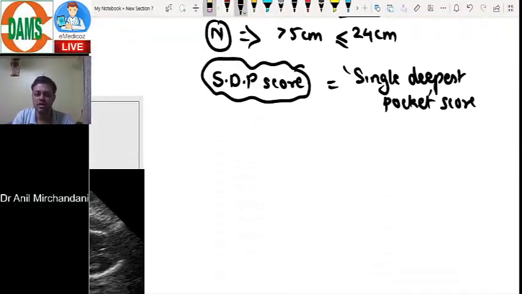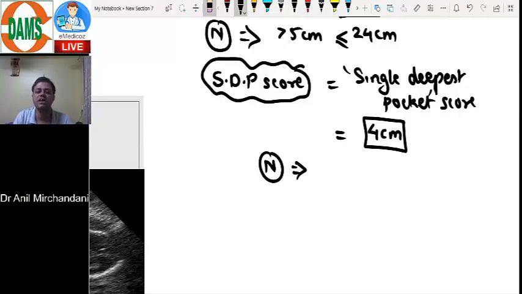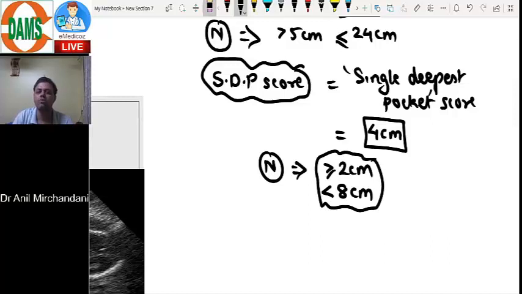So here the patient has a single deepest pocket score of 4 centimeter. Is it normal? Yes, it is normal. It is considered normal because it should be more than or equal to 2 centimeter, less than 8 centimeter. Single deepest pocket score is normal. This scoring system is the best scoring system.